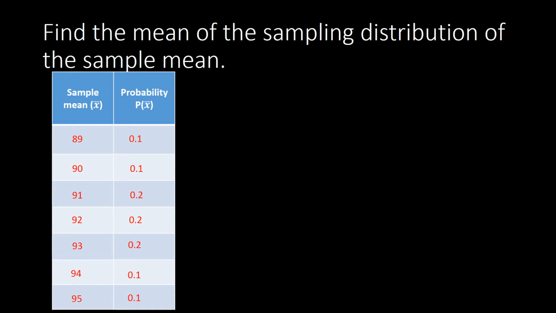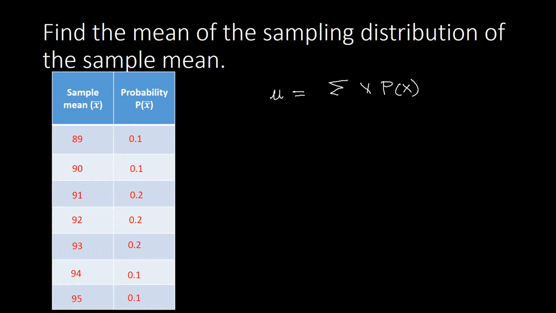So if you try to recall, your formula for finding the mean in your discrete probability distribution is just equal to mu, or the mean, which is the summation of x times p of x. So if you try to recall, this is also the formula for your mean on the discrete probability distribution.